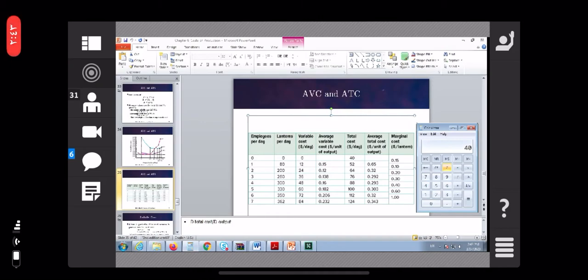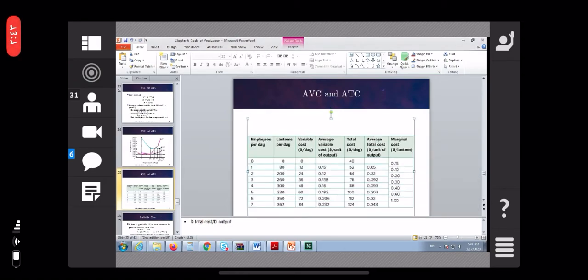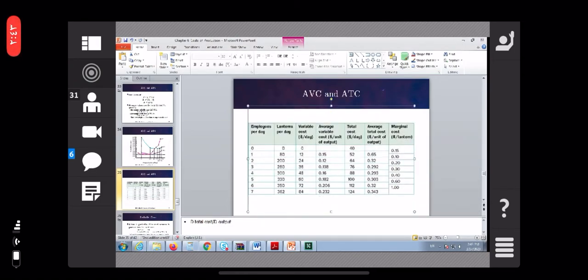The variable cost is 12, and 12 plus 40 is 52. This is the total cost. The fixed cost will go all over the column. If I add a new column here, which is the fixed cost, I will make it all 40. So variable cost plus fixed cost equals total cost.